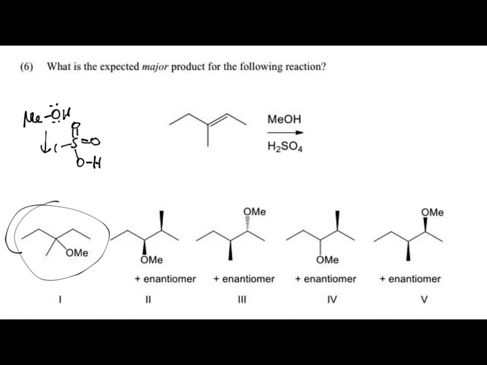So now the methanol is taking away a proton from here, and it's forming MeOH2 plus. And now this thing is what protonates the double bond, because that's a strong acid, with similar pKa to H3O plus. And so now you can continue.